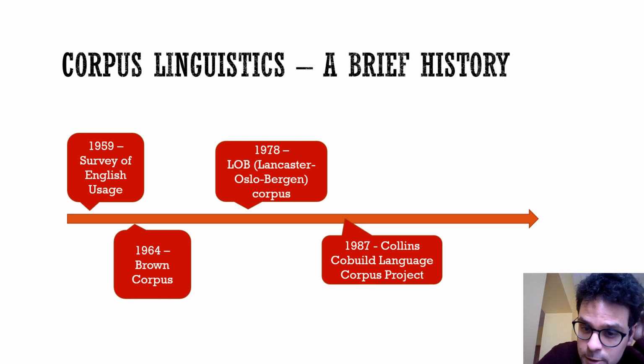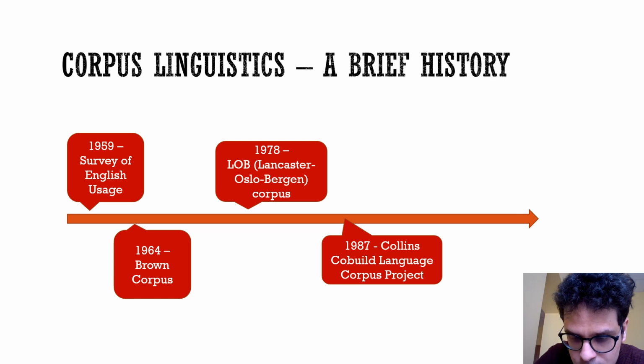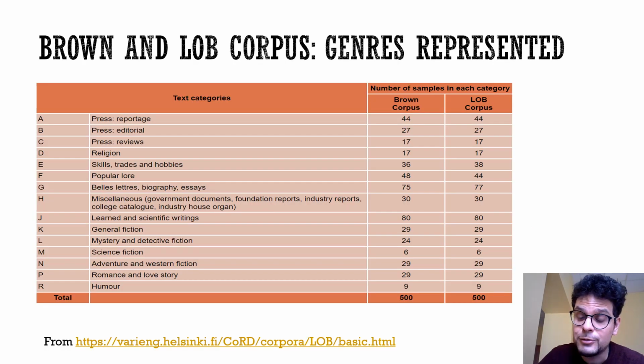So in 1959 there was the Survey of English Usage, a data collection that formed the backbone for the comprehensive English grammar by Quirk; the Brown corpus in 1964; then, 14 years later, the Lancaster-Oslo-Bergen corpus, the LOB corpus; and in 1987 the Collins COBUILD language corpus project. And of course since then many other projects, because corpus linguistics is an extremely prosperous and thriving area in linguistics.